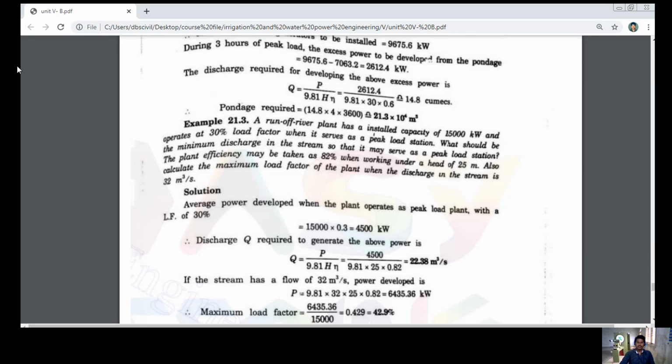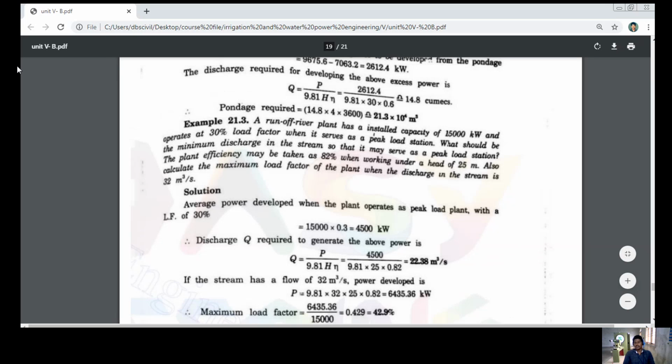If the stream has a flow of 32 meter cube per second, the power developed is somewhat higher than that. Power is equal to 9.81 into 32 into 25 into 0.82. Finally, the power developed is 6435.36 kilowatts.